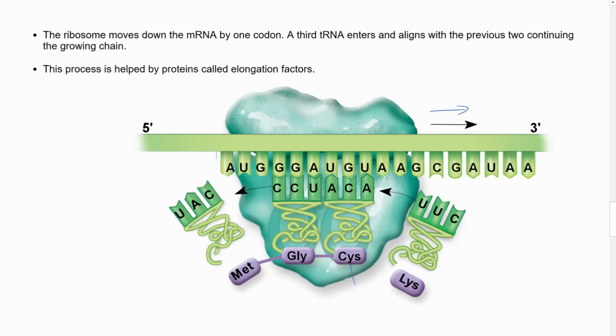That's when a third tRNA molecule enters the ribosome and aligns with the previous 2 tRNA molecules. When this third tRNA molecule aligns with the previous 2, it enables the amino acid that is attached to it to bond with the previous 2 amino acids, therefore elongating the polypeptide chain. And this process is helped by proteins called elongation factors.